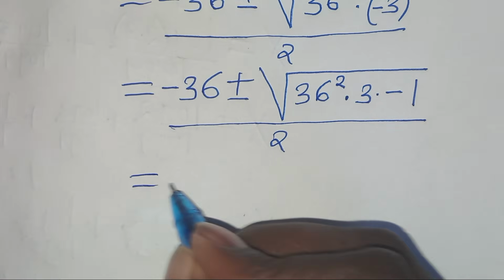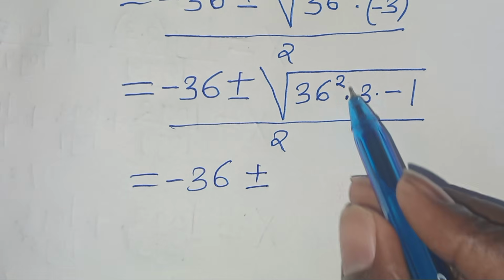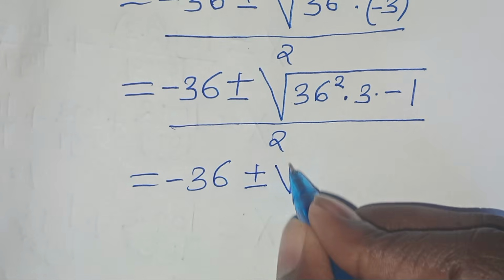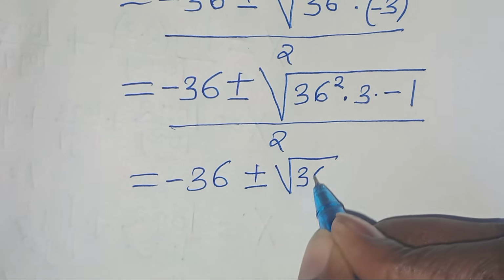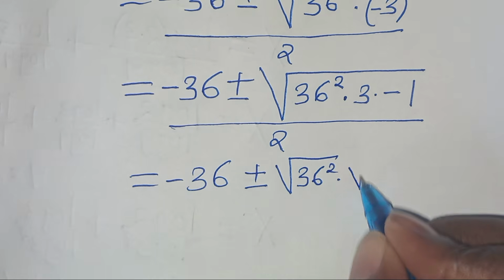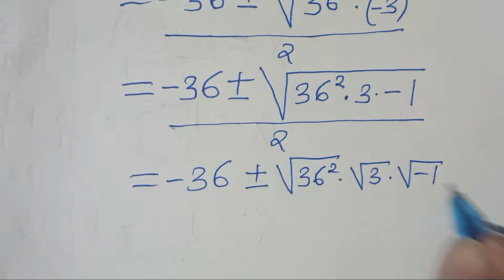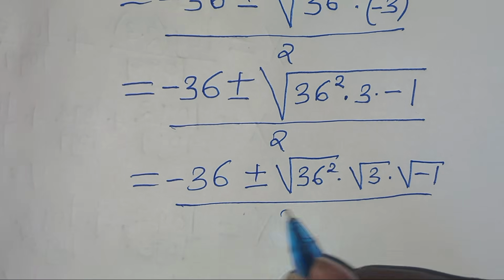So this is negative 36 plus or minus, so we can express this as the square root of 36 raised to the power of 2 multiplied by square root of 3 multiplied by square root of negative 1, then divided by 2.